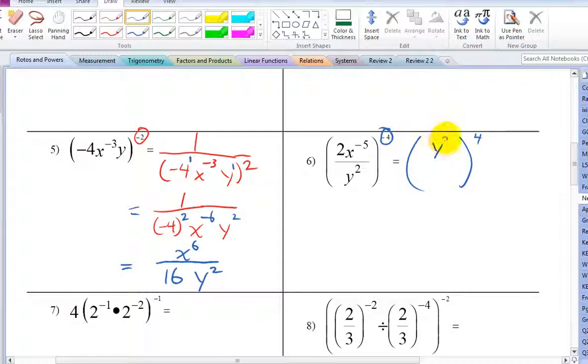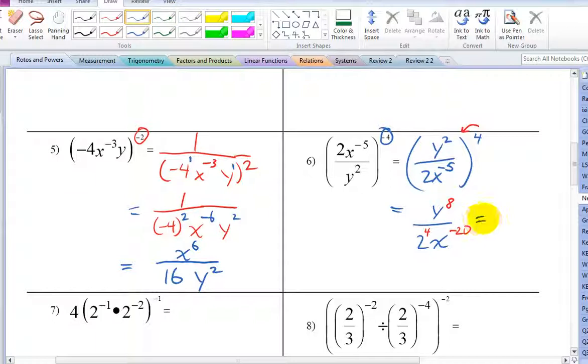So you should get y squared on top, 2x negative 5 on the bottom. Let's bring this 4 inside. So multiply it by the exponents. Bring the 4 inside. Okay, so you multiply it in. We get y 8, 2 exponent 4, x exponent negative 20.